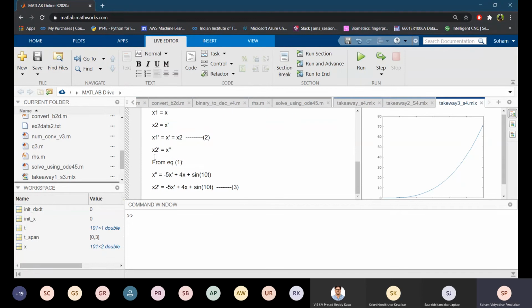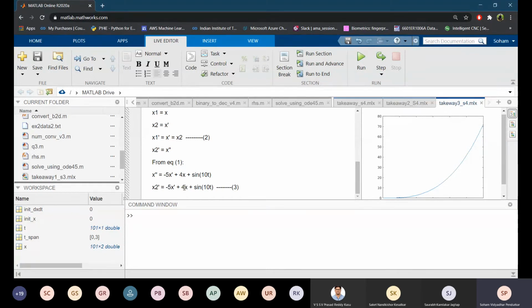So here, as we first created x1 and x2, x1 dash is equal to x2 and x2 dash is equal to this equation. These are two differential equations I created. I don't need to specify to MATLAB that these two belong to the same problem. I know mathematically that these two equations belong to the same problem, and if MATLAB solves them simultaneously, I'm going to get the solution.